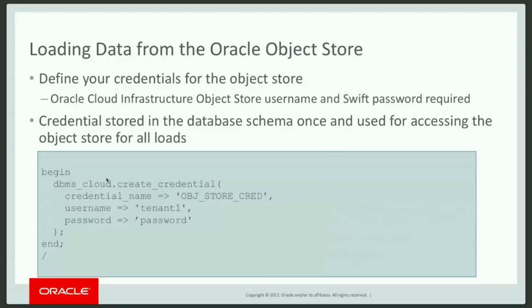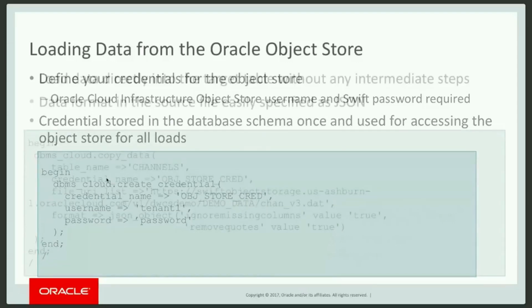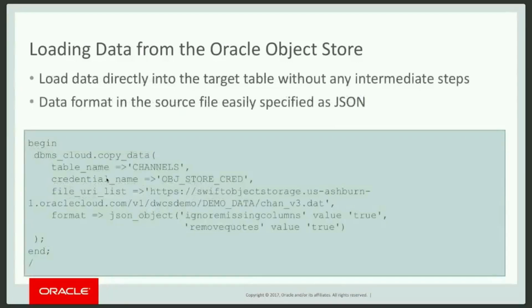Once you've gone onto the object store and you've created that credential, it will give you a password, what's called a Swift password. And there's similar setups for Azure and Amazon. You create the credential with your username and password, and then once you've got that, let's say you have a file called channel 3, that's your data file, and you've got a bucket on the object store called demo data.